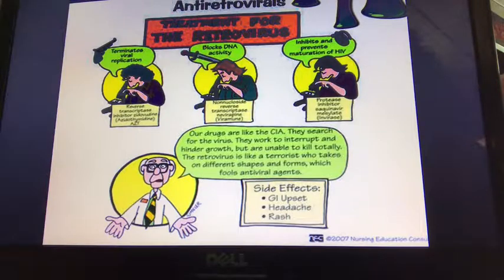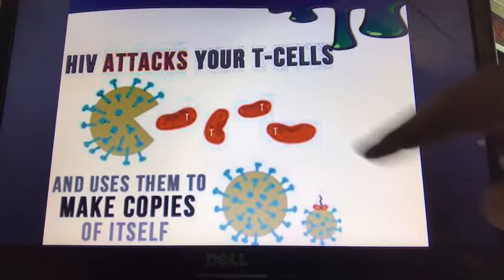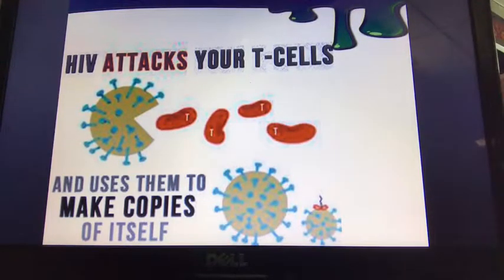These all cause side effects such as GI upset, headache, and rash. HIV attacks your T cells, and uses them to make copies of itself. Copies and copies and copies until it takes over that T cell count.